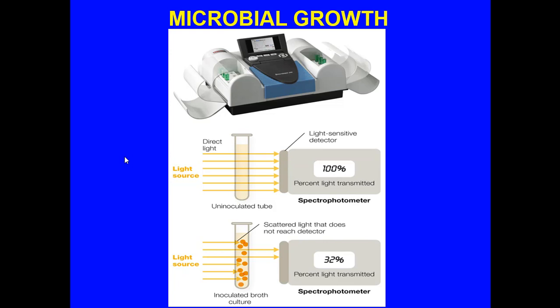You can get an idea about how much light is scattered, and therefore begin to set up a scale. If you take, let's say, 1,000,000 cells and get a certain number, then 500,000 cells and get another number for percentage of light transmitted, and so on, you can set up a nice arrangement to get a good estimate of the number of cells present in a particular sample.